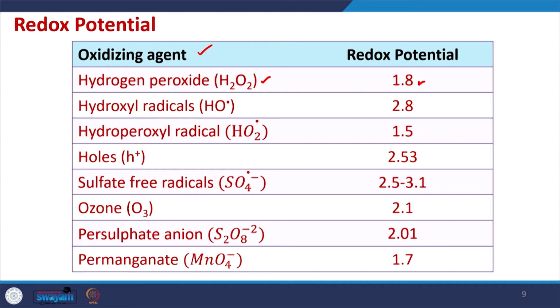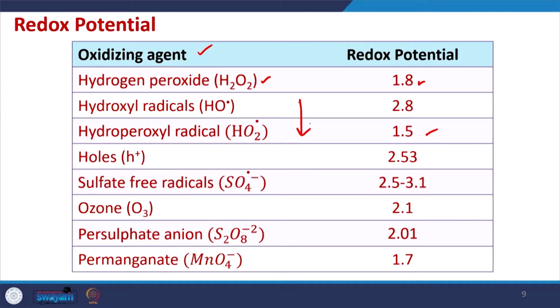Now, the hydroperoxy radical HO2 star has a lower redox potential as compared to the hydroxyl radical, and during AOPs the conversion may happen, so the efficiency goes down. So, we always want the hydroxyl radical to be present in higher concentration, but if the hydroperoxy radical is produced as well, still some oxidation will happen.